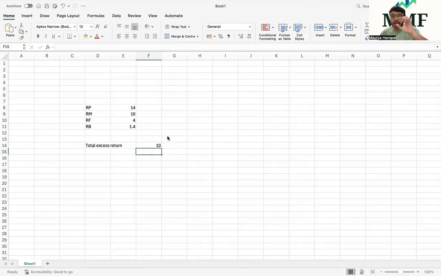That's the component upon the left-hand side is sorted. Now this 10% needs to be broken down into different components.